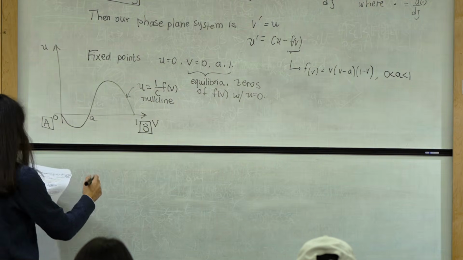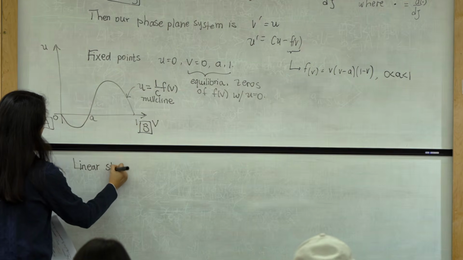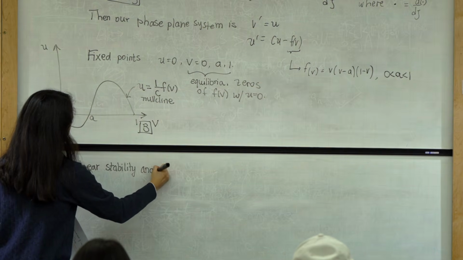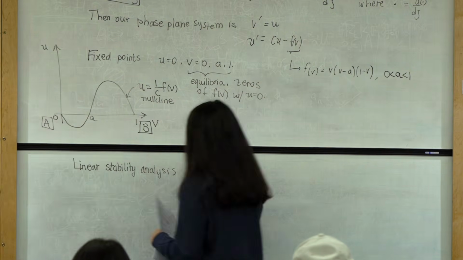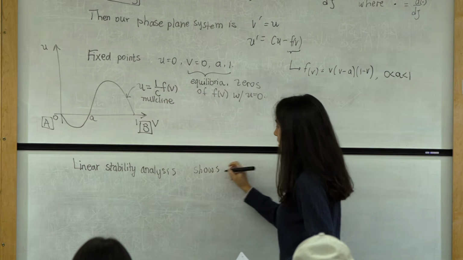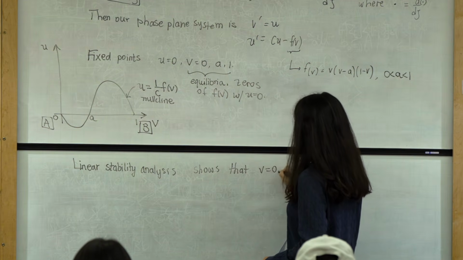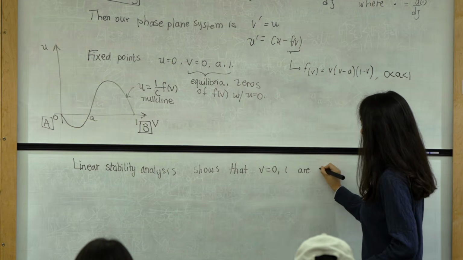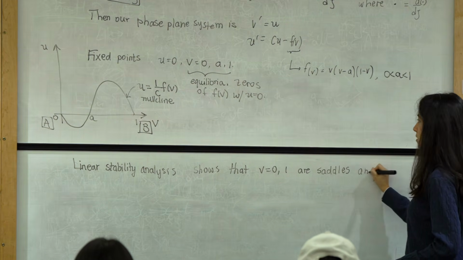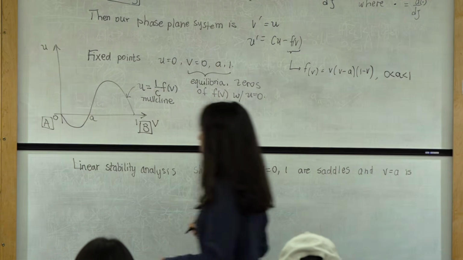So if you do this linear stability analysis, you will find that these 2 points, v equal to 0 and 1, are saddles. And the point v equal to a is instead an unstable node.